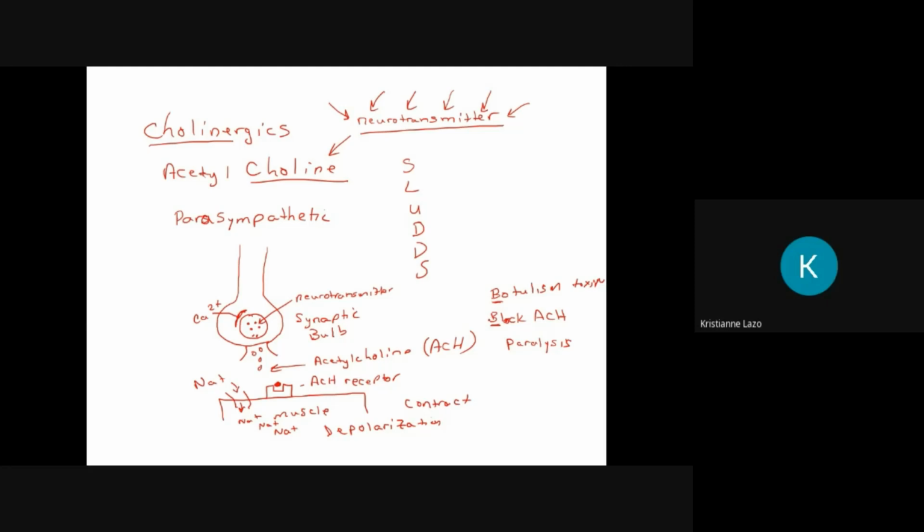The muscle will look flaccid or relaxed. Yeah, exactly. That's pretty easy, right? So you might say, well, where do you get botulism toxin? Well, from a bacteria.